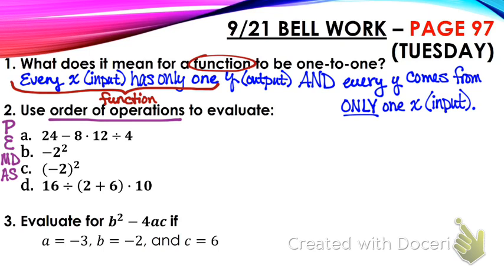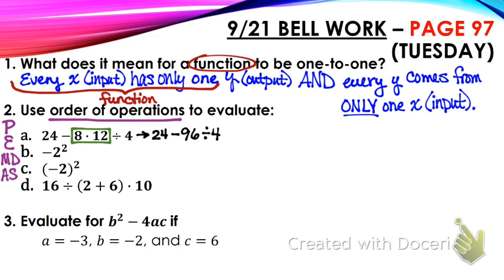So on part A, what's the first thing I would want to do here? Multiply. We're going to multiply the 8 and the 12 together first. So I'm going to recopy everything else. I would have 24 minus what? What is 8 times 12? 96 divided by 4. What do I do after that?